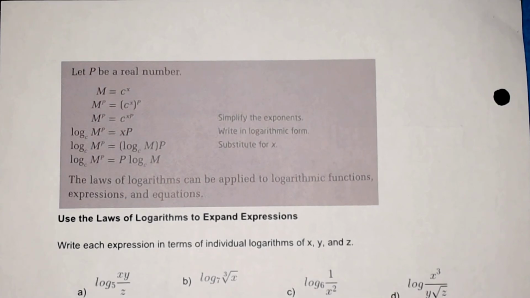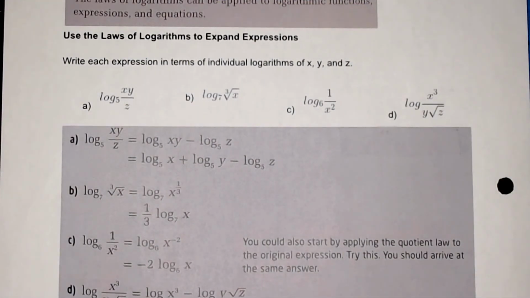The image on the back is just a continuation of the explanation for why log c of m to the power of p is equal to p log c m. You don't necessarily need to understand the proof, but it may help you in applying these laws when you are presented with a problem. So it's just three things: multiplication, division, and exponents.